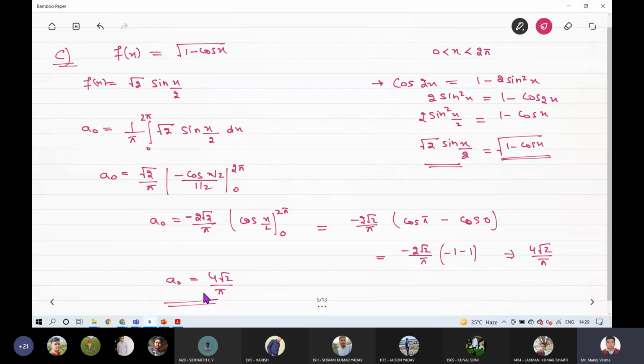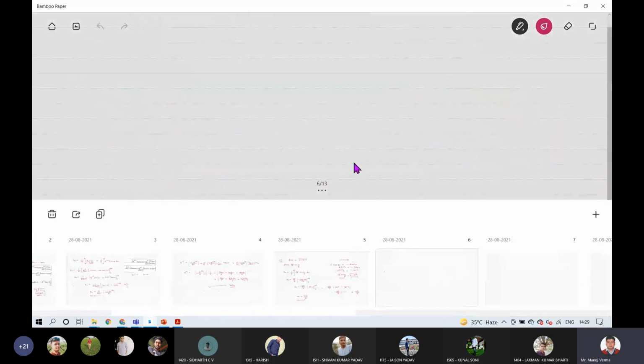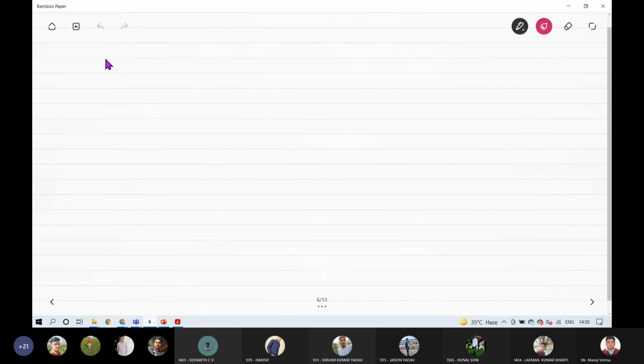Similarly, I have to find the value of an and bn also. So for an, it is 1 over pi, integral of root 2 sine x by 2 cos nx dx, and the limits were 0 to 2 pi.